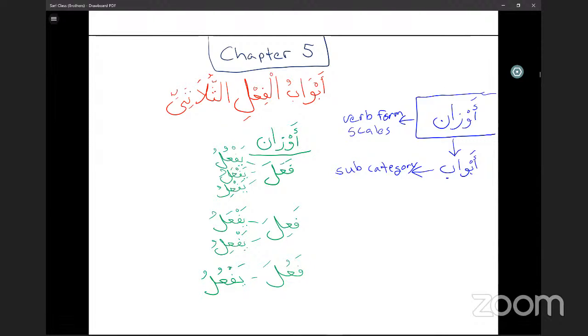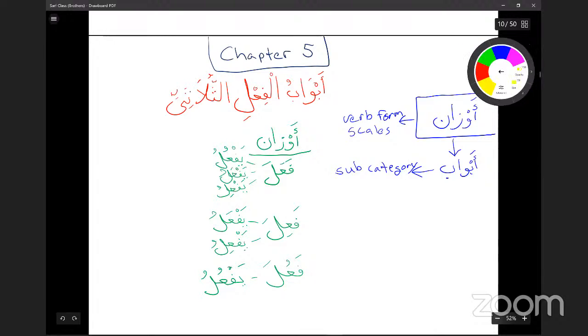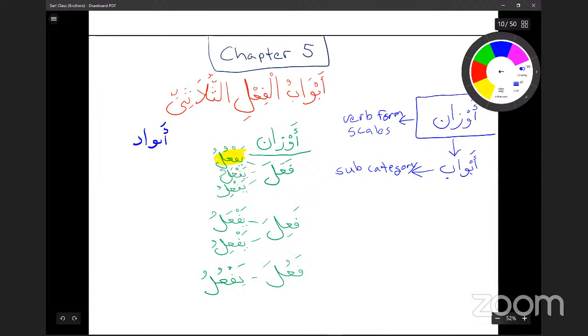These fa'ala yaf'alu breaks down into subcategories. So let me pull out the highlighter here and change the colors. When you have فعل يفعل, then we're going to take it down here and give it a bab, give it a subcategory.